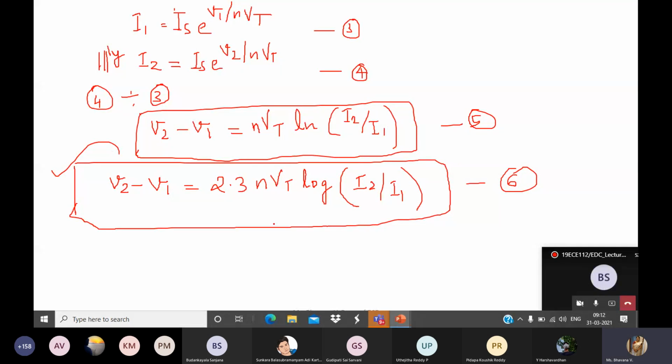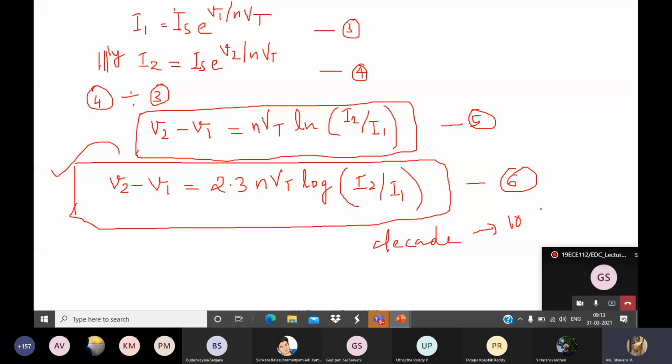This equation states that for a decade change, what do you mean by decade? 10. A decade change, that is a variation of 10 on the graphical axis.